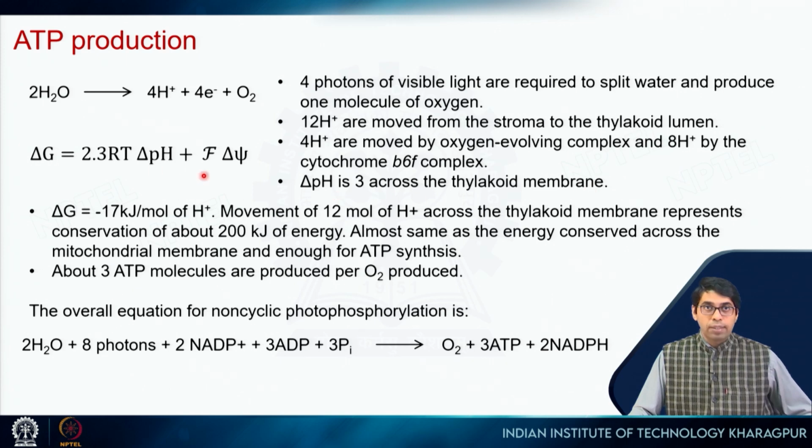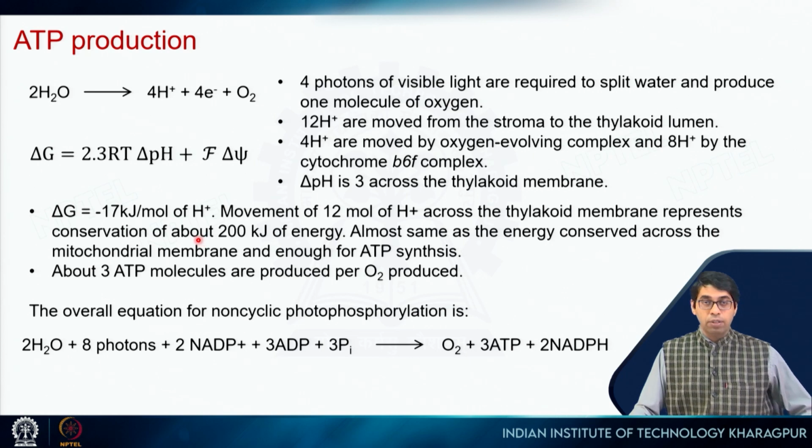If we plug in this number, and it turns out that delta psi does not contribute much because of the passage of counter ions, we get delta G as -17 kilojoules per mole of protons. So, movement of 12 moles of protons across the thylakoid membrane will produce, you just multiply these two, around 200 kilojoules of energy.